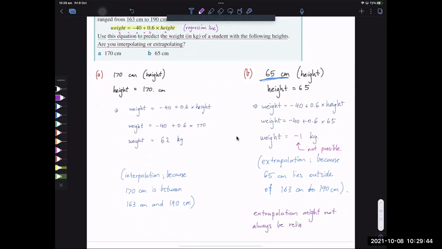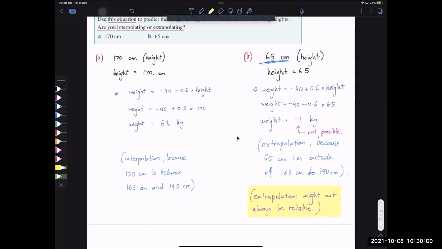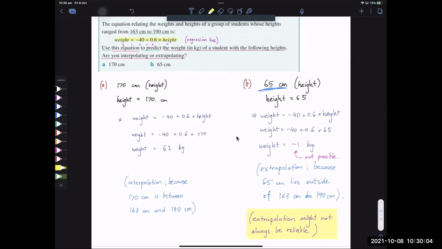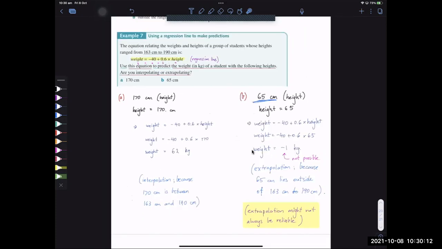So we can't always trust extrapolation. And this is a key idea when you go into year 12 next year. When you extrapolate, you can't always trust the answer that it gives you because it's a prediction. In the end, it's a prediction. So remember this idea of predicting. You can make a true prediction or you can make a false prediction.